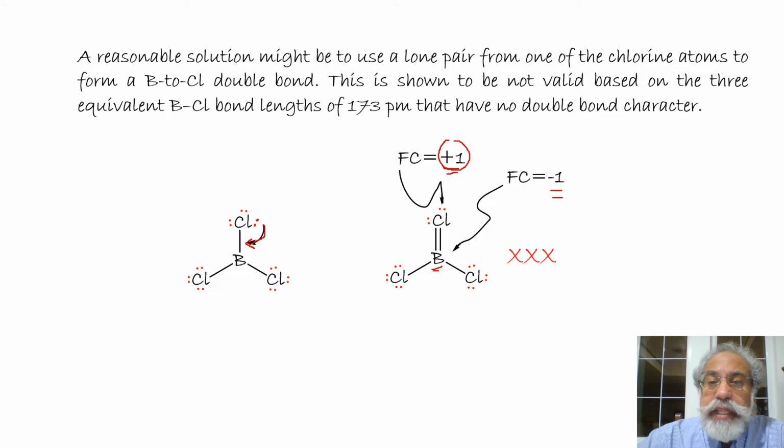The electronegativity difference is huge between the boron and the chlorine. And actually we found that the boron-chlorine bond has single bond character and showed no double bond character at all, and the distance is 173 picometer.